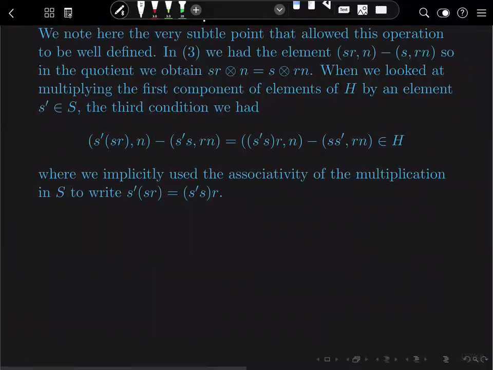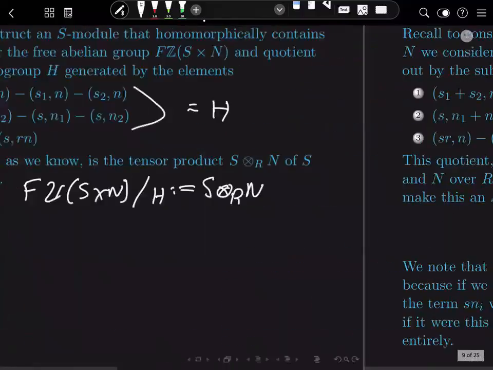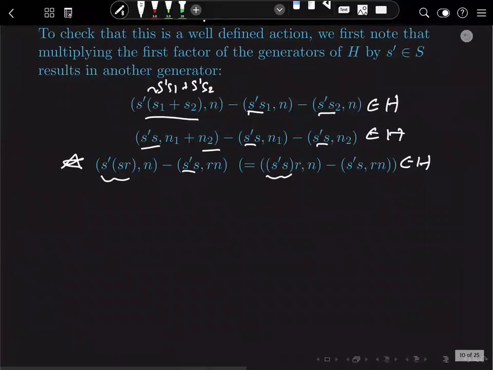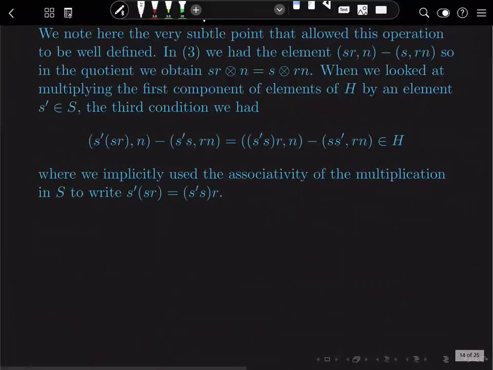And the subtle point that we have to make is that in 3 up here, when we looked at this element and multiplied by this starred operation, this is the important one, because we used the associativity of multiplication to write S prime times SR is equal to S prime times S times R. And this in general doesn't hold for general modules, right?